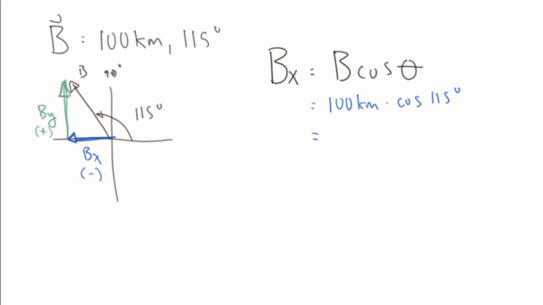And when I plug it in, making sure that I'm in degrees, 100 times the cosine of 115. My prediction is the value is going to be a negative, and it is. So the calculator tells us that the Bx component is negative 42.3 kilometers.